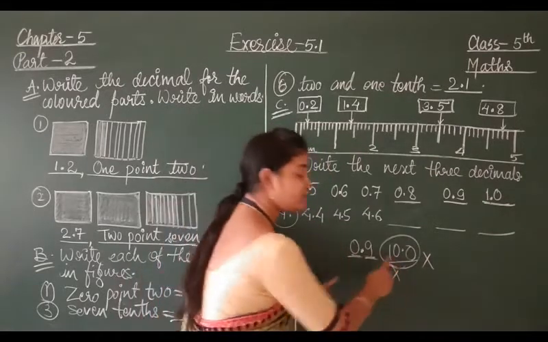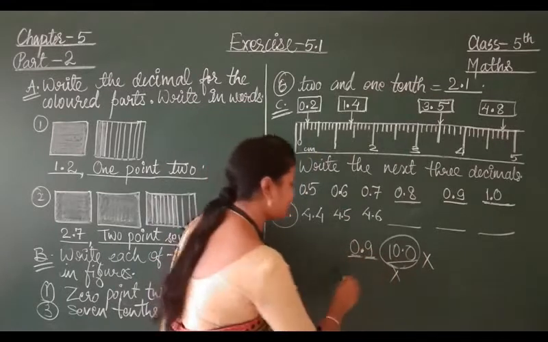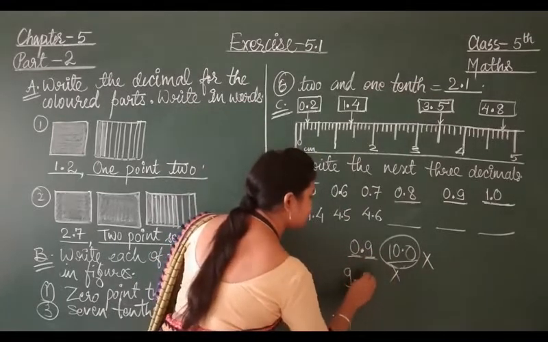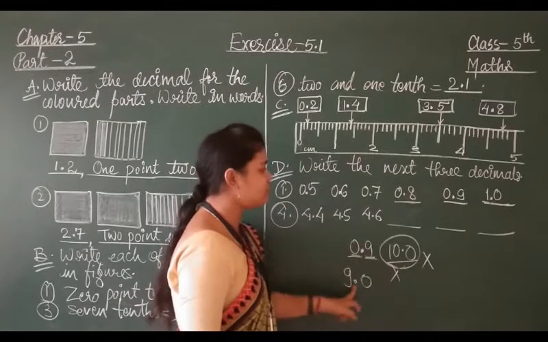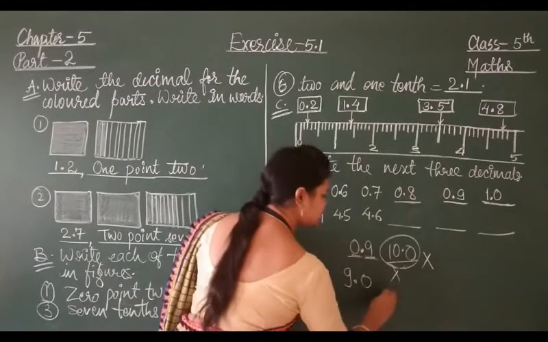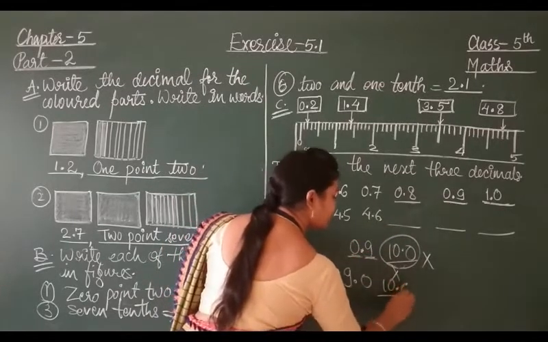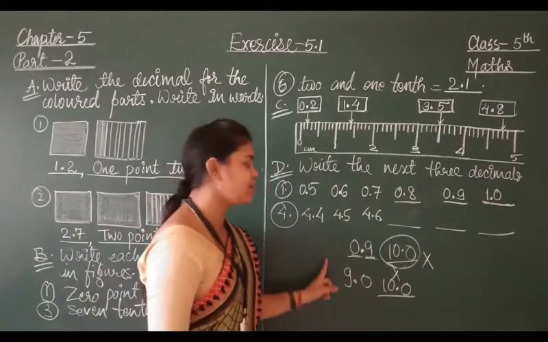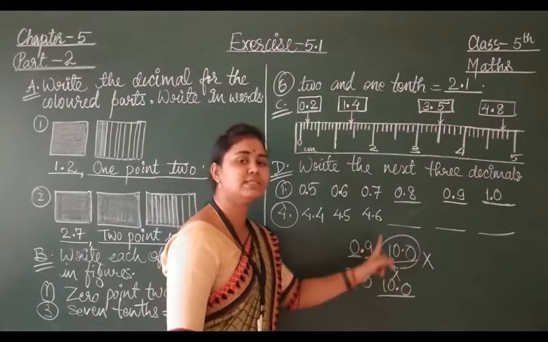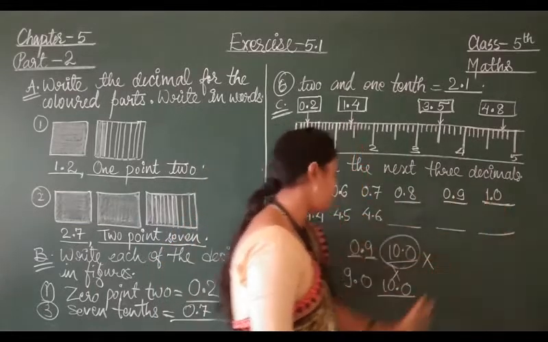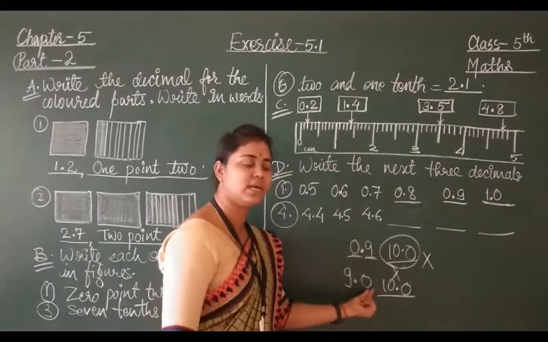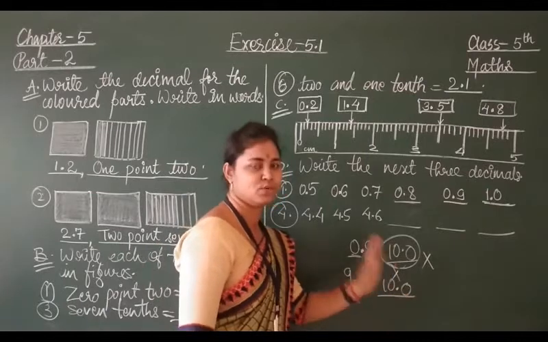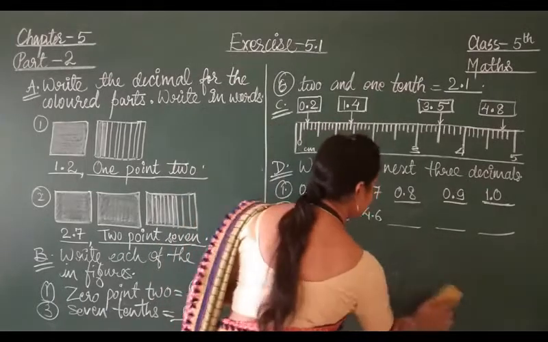The correct answer will be 10.0 when it is 9.0. If 9.0 is there, then the next number we will write is 10.0. Clear to you? This is the basic thing. Please remember, if 0.9 is there, you have to write 1.0, and if 9.0 is there, then you will write 10.0.